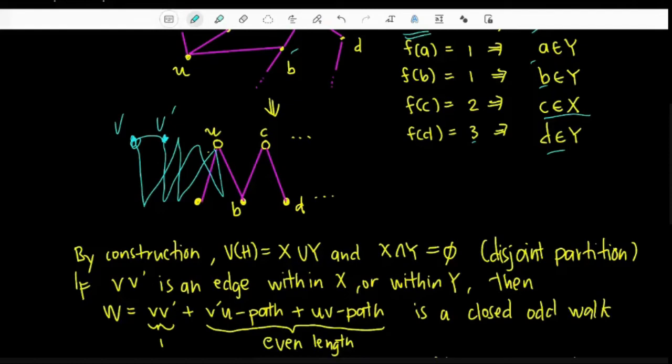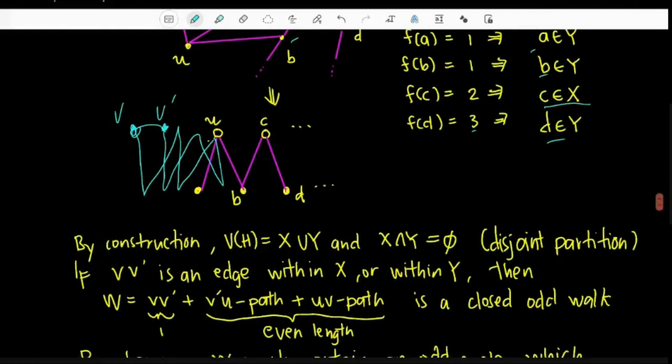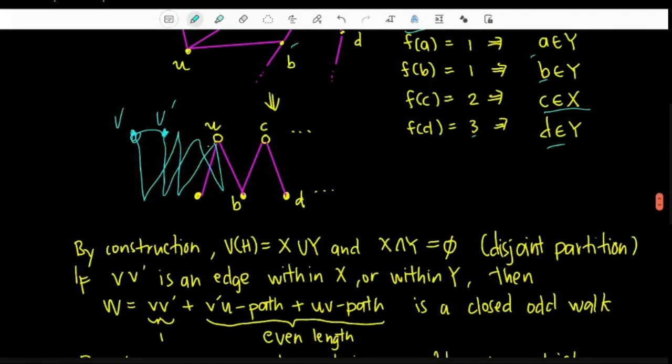And then if V and V prime is an edge, then you are able to make a closed walk in our graph starting from V, go to V prime, then from V prime go to U using the UV prime path, and then from U go to V using the UV path.